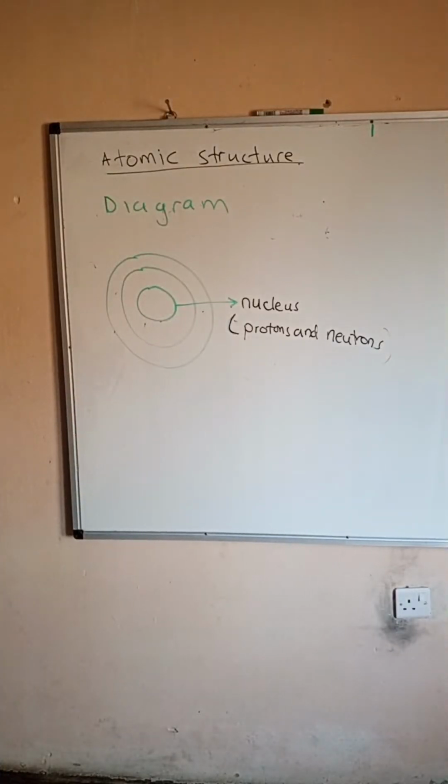The nucleus contains protons and neutrons. You have understood? The nucleus contains protons and neutrons.